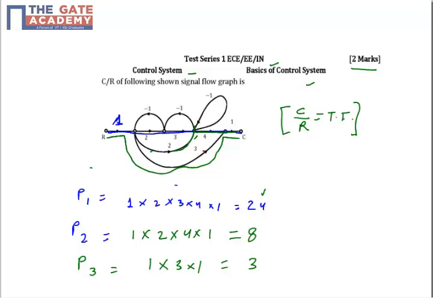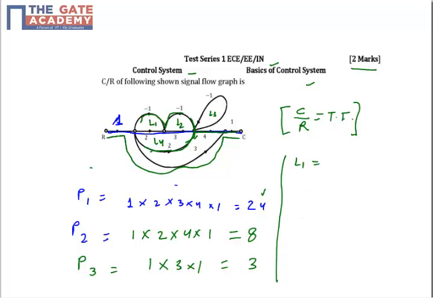Fine. After the calculation of the forward paths, the next thing is to calculate the loops of the graph. How many loops do we have? You can see this is L1, L2, L3, and here this 2 along with this 1 and this 1, along with this -1 and then -1, this loop forms L4. So we have 4 loops in this single flow graph.